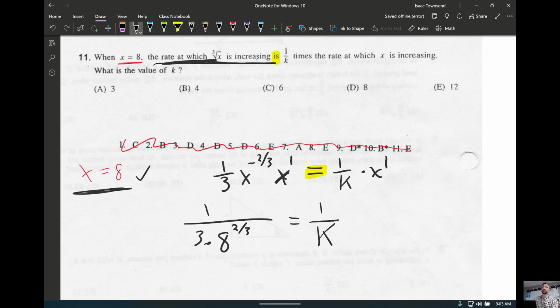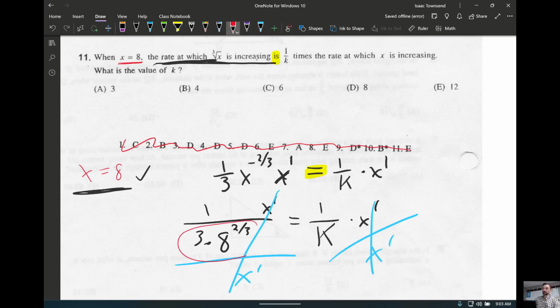K needs to be there because that's what I'm solving for. The other issue is I've got x primes. But notice how there's an x prime on both sides. So if I divide this side by x prime and divide this side by x prime, those just cancel out and go away anyway. So if this side is 1 over this stuff and this side is 1 over k, then k must be equal to this stuff.